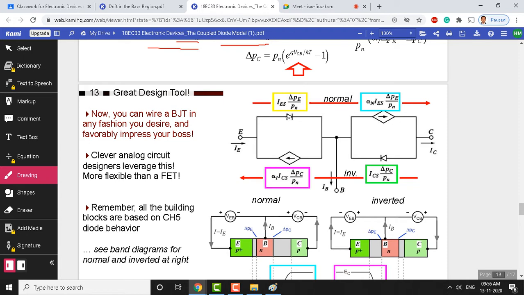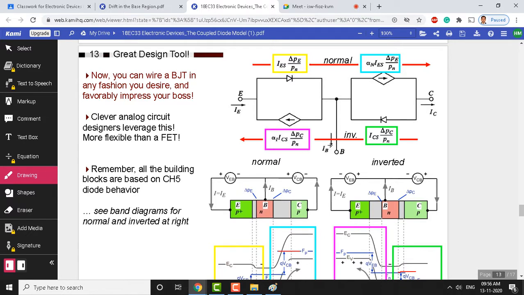Many times students struggle to analyze BJT based circuits. Now, with the help of this model, if you plug this model into the BJT, the complete circuit can be analyzed very easily, and you can impress your boss and your friends by just plugging this model into the BJT.